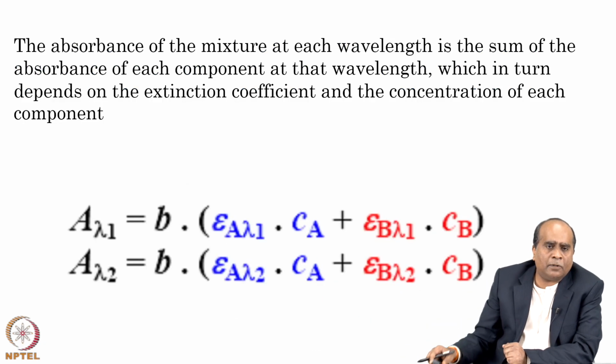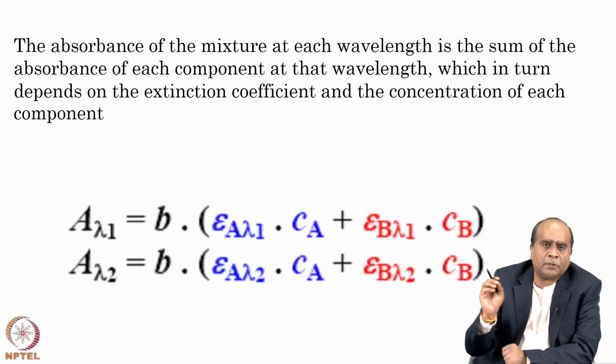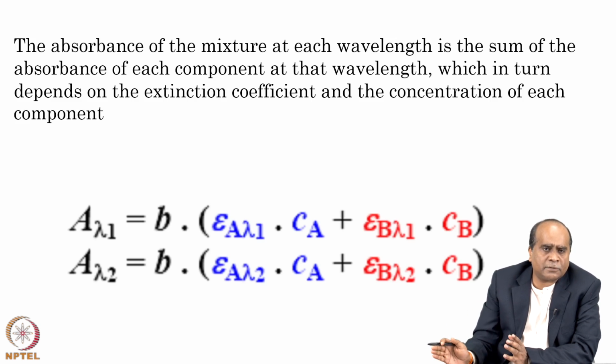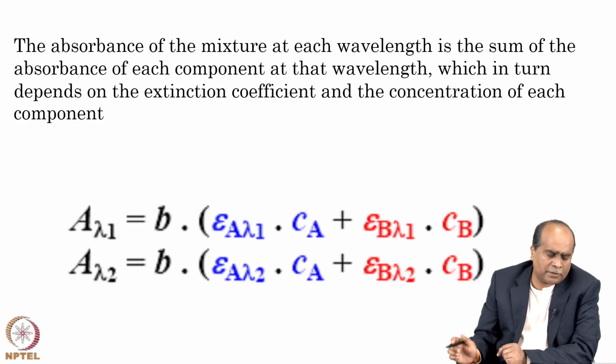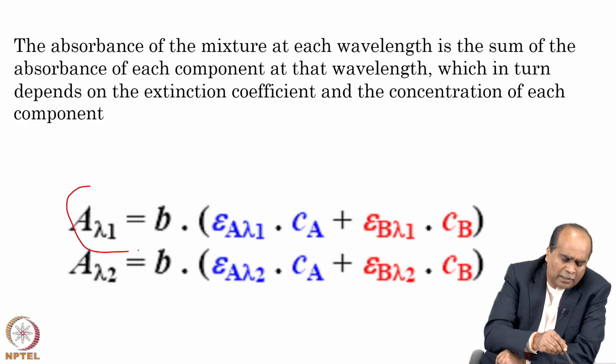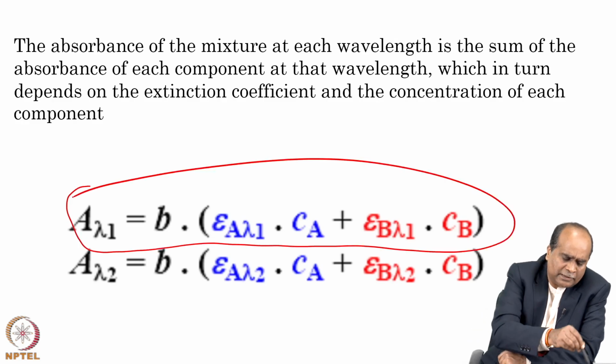So, let us see how we can write it. The absorption of a mixture will be the sum of absorption of each component at that wavelength, which in turn depends upon the extinction coefficient of that chromophore and the concentration of each component. Here it is a simple algebraic equation that you can see.